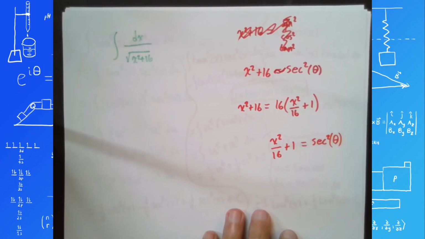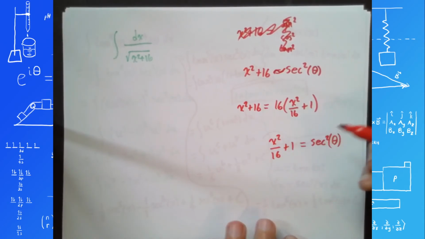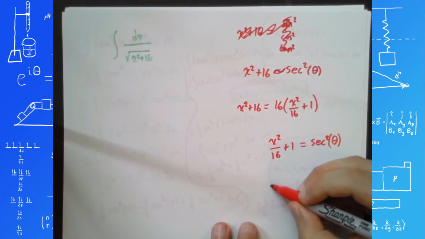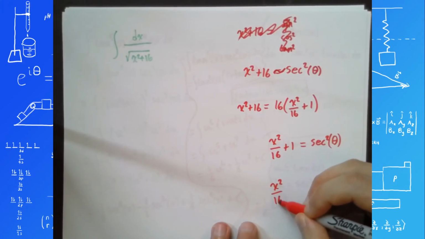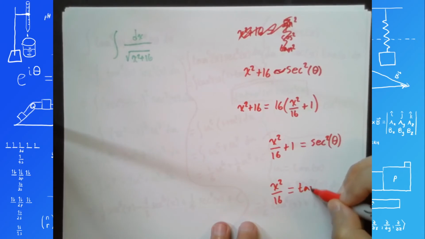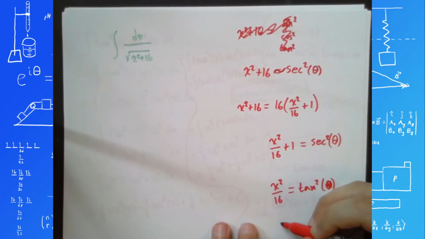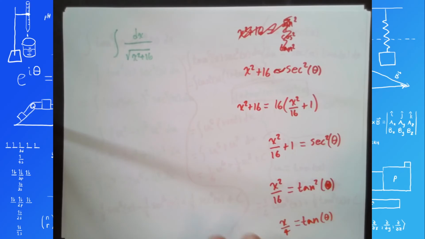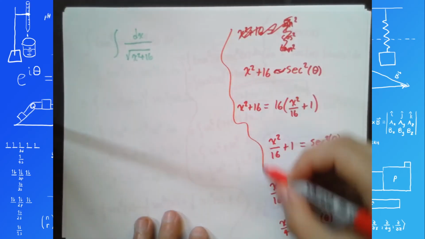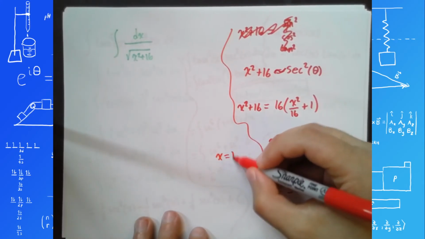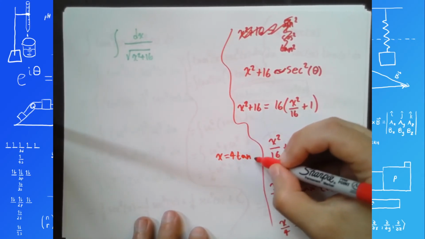And the way to make that happen is for x squared over 16 to become tangent squared. So x squared over 16 would have to be tangent squared of theta. And if I take the square root, then that means x over 4 equals tangent of theta. Or in other words, x equals 4 tan of theta.